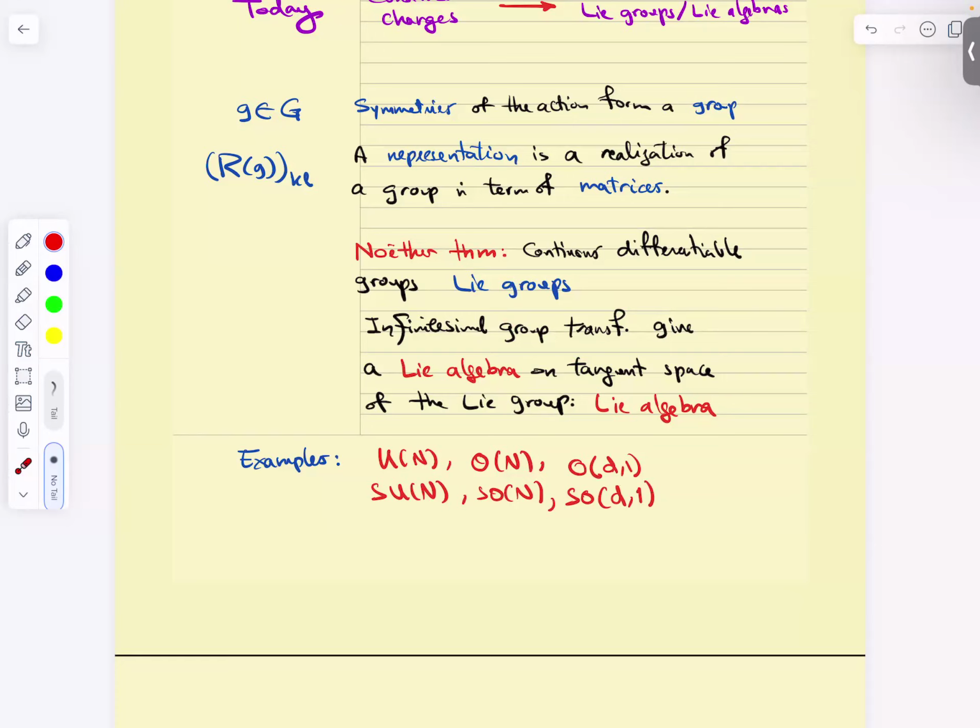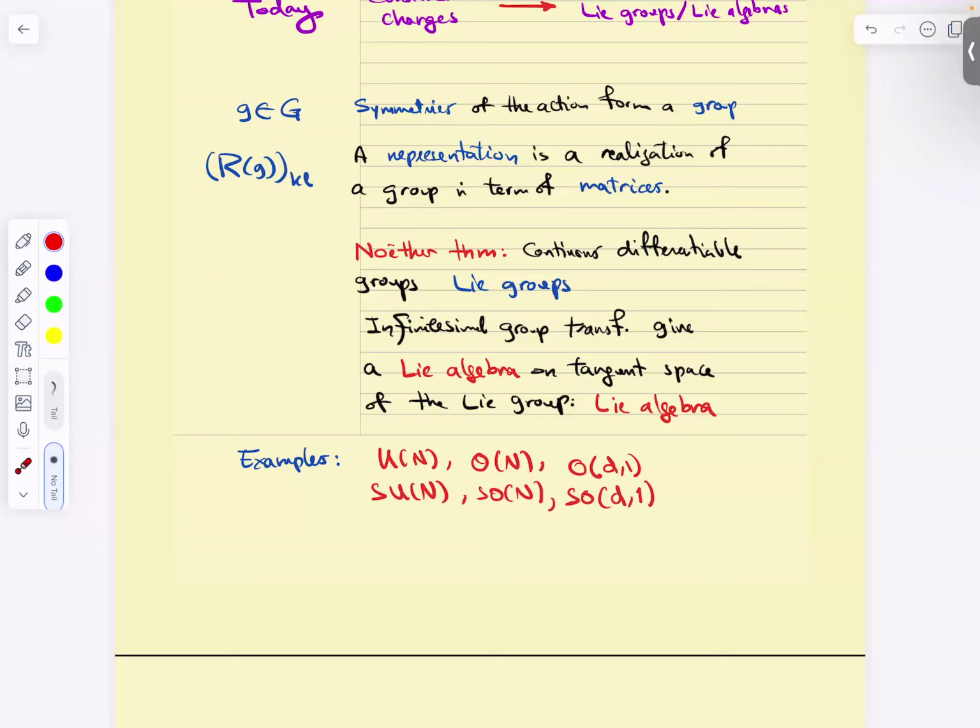O(d,1), orthogonal matrices, not orthogonal, the set of matrices that preserve this metric or bilinear form. Of course, we talked about SO(N), SU(N), and SO(d,1). These are the ones that, what was the S? Determinant 1.